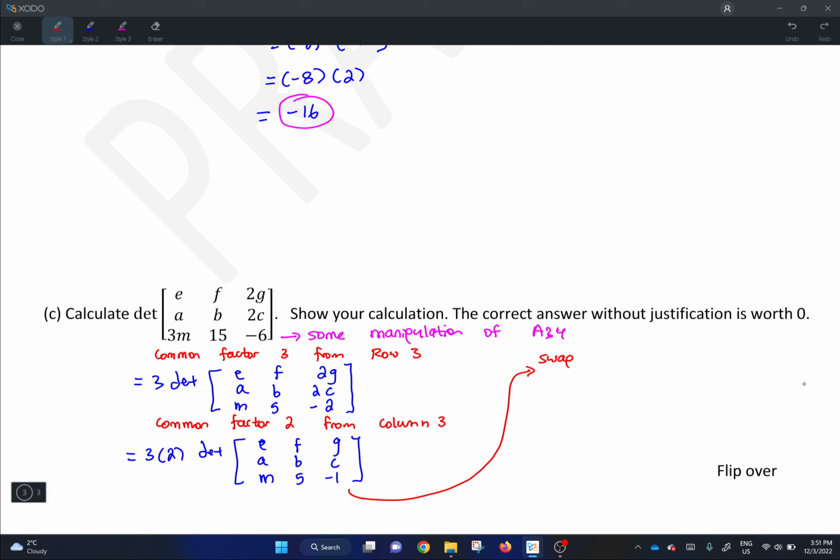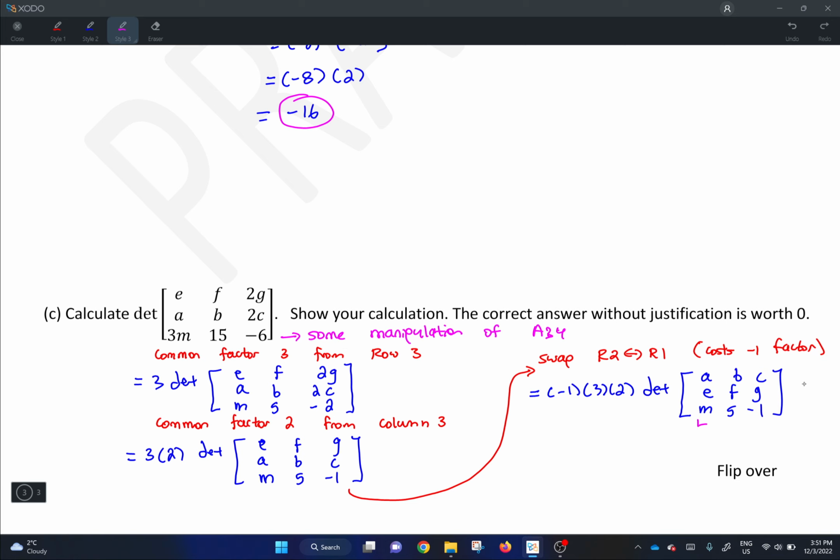So we're going to swap row 2 and row 1. Swap those two rows, and it costs a negative 1 factor. Swapping two rows has an effect on determinants: it picks up a minus sign. So I'll have a negative 1 times the 3 times the 2 times the swapped rows A, B, C, E, F, G, M, 5, minus 1.